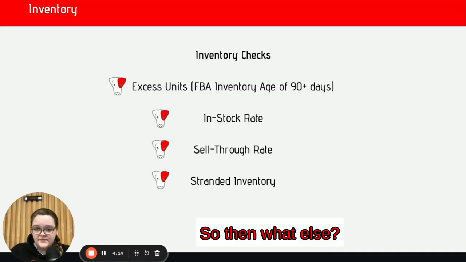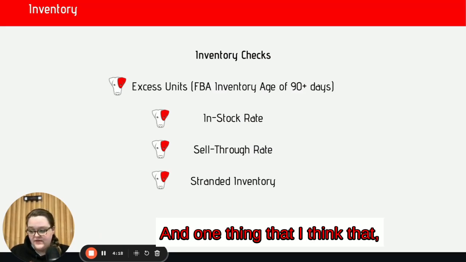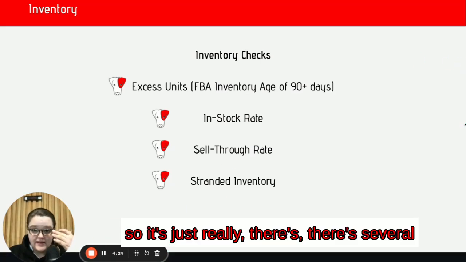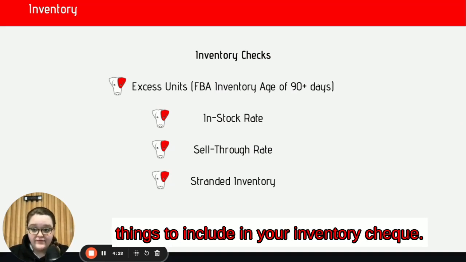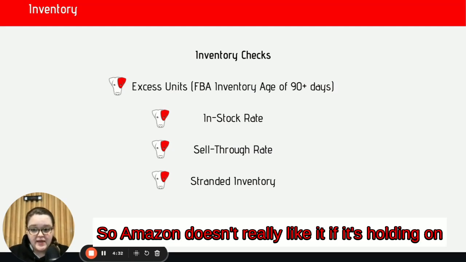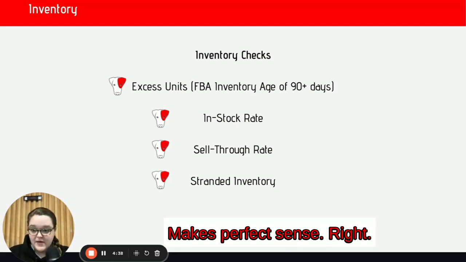So then what else? Inventory. This is a major one actually, and it's just really important. There's several things to include in your inventory check. One, do you have any excess units? Amazon doesn't really like it if it's holding on to too many units and you're not really selling them. Makes perfect sense, right?